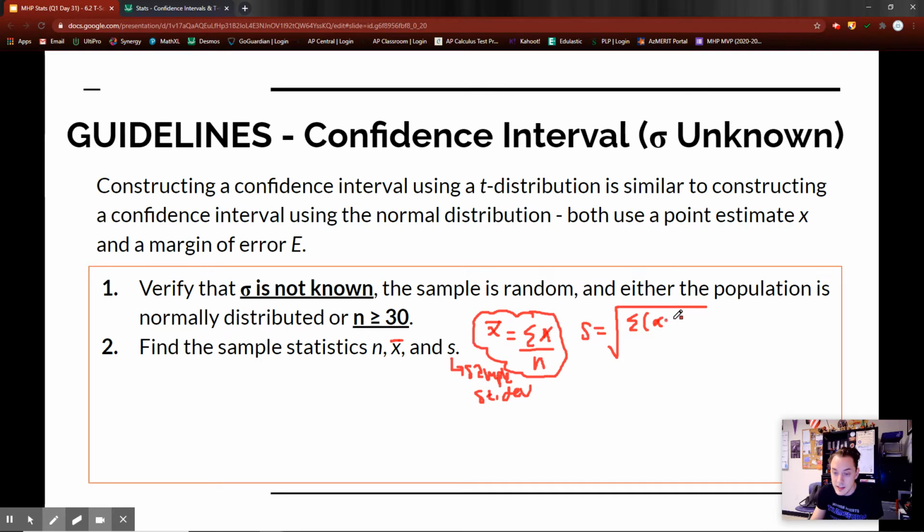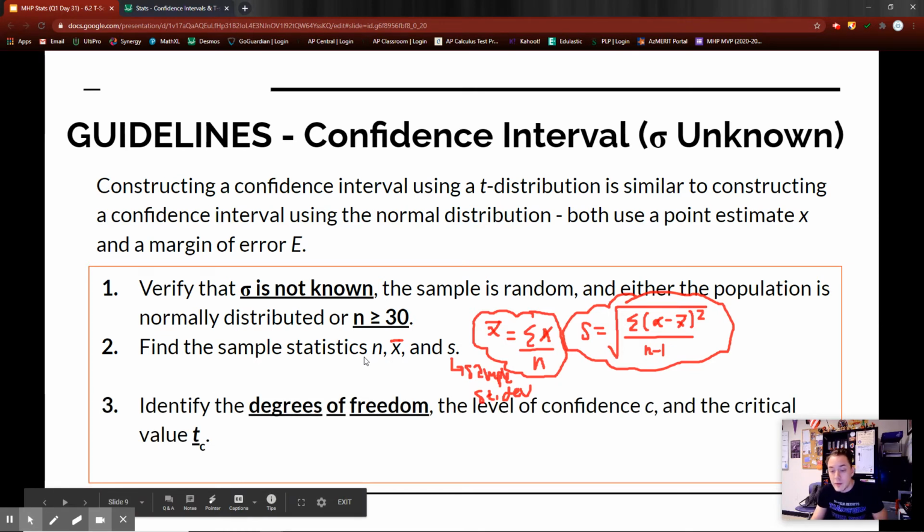This is the square root of the sum of (x minus x bar) quantity squared, all over n minus 1. Desmos will calculate this for you. And even if they didn't give that to you, more often than not, guys, I'm telling you, they will give that to you. You don't need to find that. Okay?